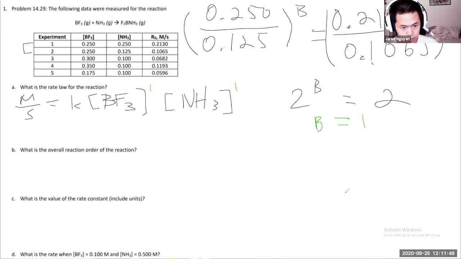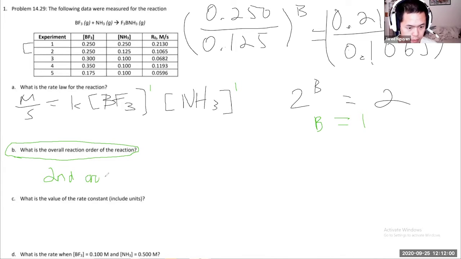Now, what is the overall order of the reaction? All you need to do is add these two together, so it's going to be second order. Now, what is the value of the rate constant, including the units? Even without memorizing the rate constant for a second order reaction, you can find this out very easily.